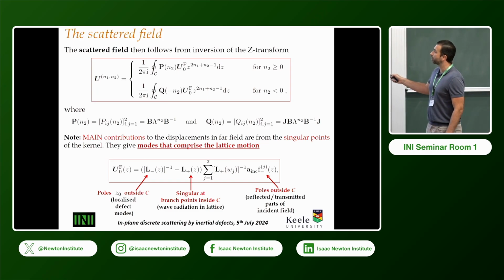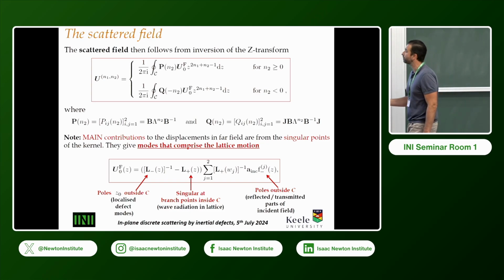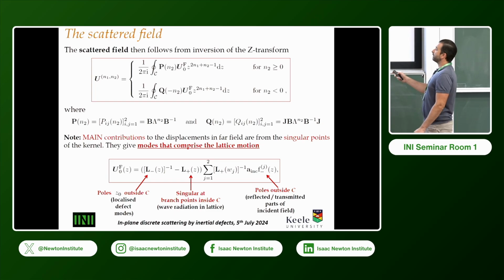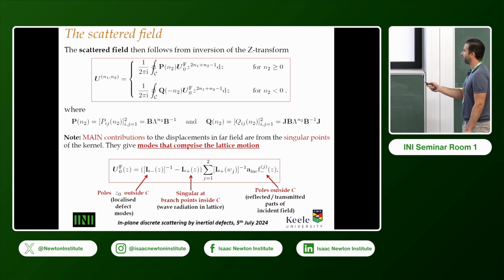So this is how it looks. Now I've got this structure inside the kernel, P and Q, are these matrices that we see in the bulk solution. There's actually a nice structure to all of this. These are actually related, I'll show you in a second. And U0F, well, I'll tell you a bit more about what is happening near its singular points.